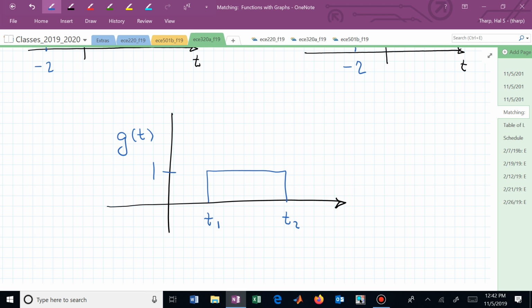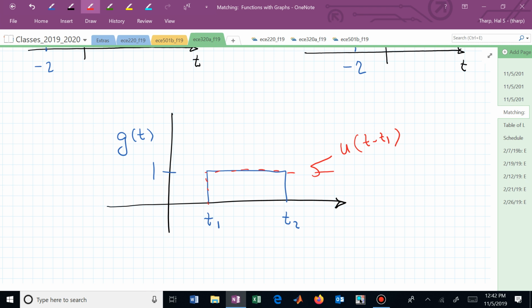We could get this piece to go on by saying I need u of t minus t1 to give me that turn on of a value of 1 at time t sub 1.